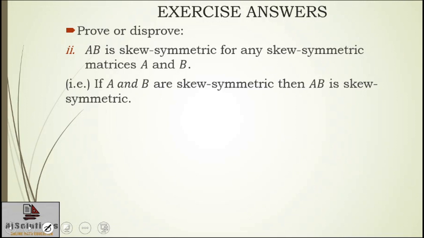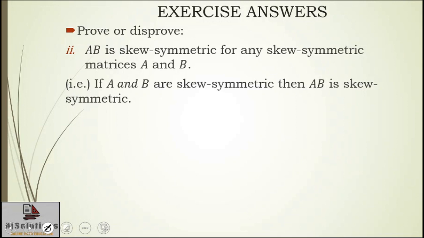So how do I know whether the statement is true or false? Suppose this statement is true, and if you attempt to prove the statement, you will arrive at a point where you need minus of AB, but you get BA, and you know BA is not the same as minus of AB.